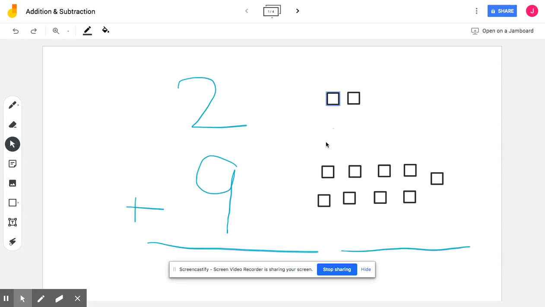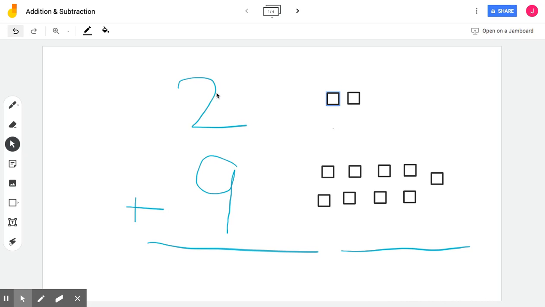All right, hey guys. We're going to be doing addition and subtraction and regrouping to figure them out. For our first problem, we have 2 plus 9, and I put them into their ones blocks right here. So we have 2 blocks here, and then 1, 2, 3, 4, 5, 6, 7, 8, 9 blocks there.